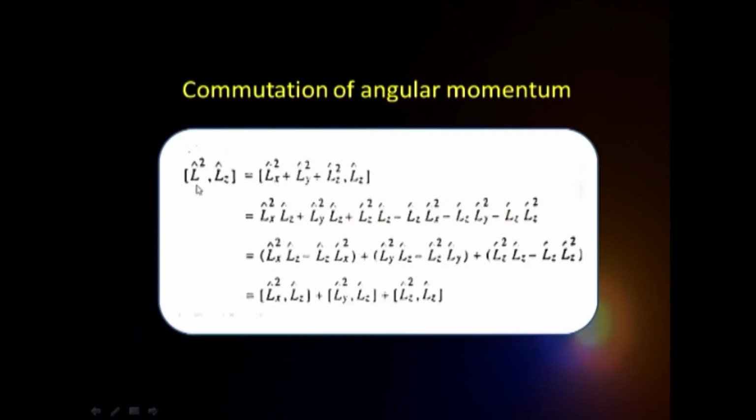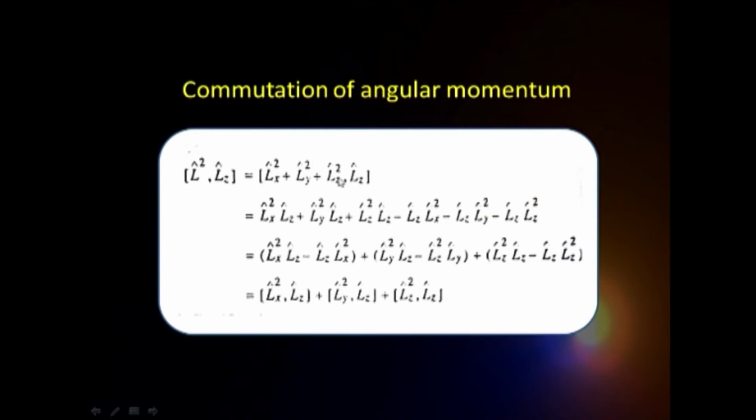The other term that we are interested in is the total angular momentum. Does it commute with the angular momentum in the z direction? Then it is a simple expression, because L square is the square of each component term, and then it is L_z. It has to be looked at as an ab minus ba type of expression.